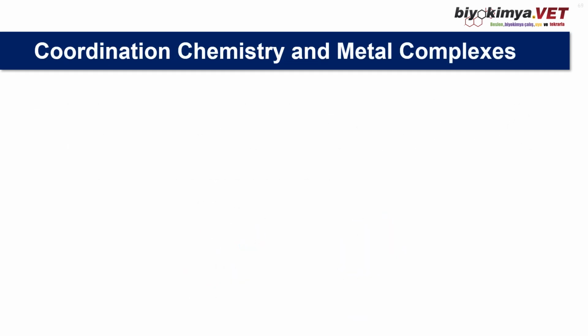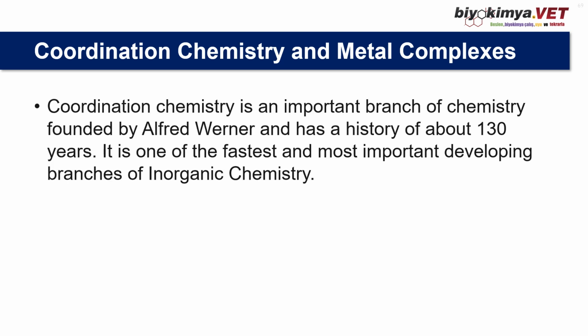And the last content of this topic is coordination chemistry and metal complexes. Coordination chemistry is an important branch of chemistry founded by Alfred Werner and has a history of about 130 years. It is one of the fastest and most important developing branches of inorganic chemistry.